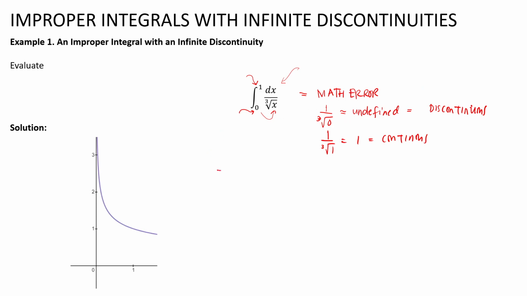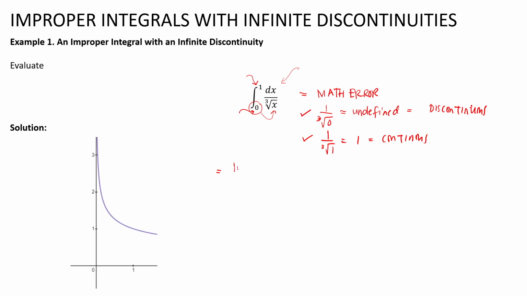So I'm going to take 0 out first, because this one is discontinuous. Upon plugging the value into the equation, it gives me an undefined value. The upper limit gives me a finite value, which is 1.